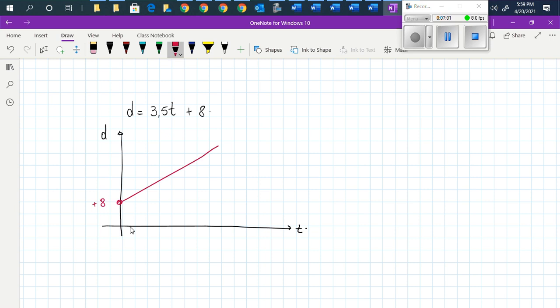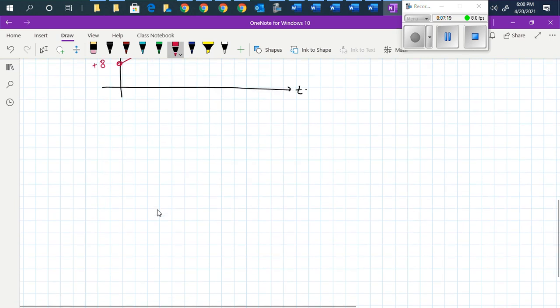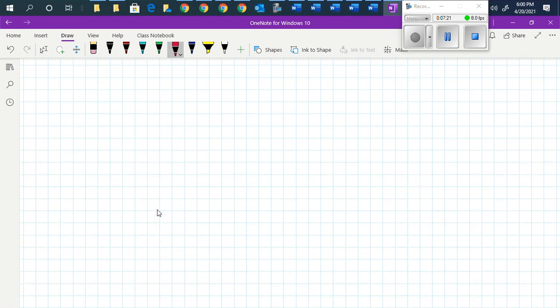And then the slope being positive will look something like this. This will be the equation of the line, 3.5t + 8. Okay. Now, the way that we calculate the slope when we have a graph is, so, calculating slope.